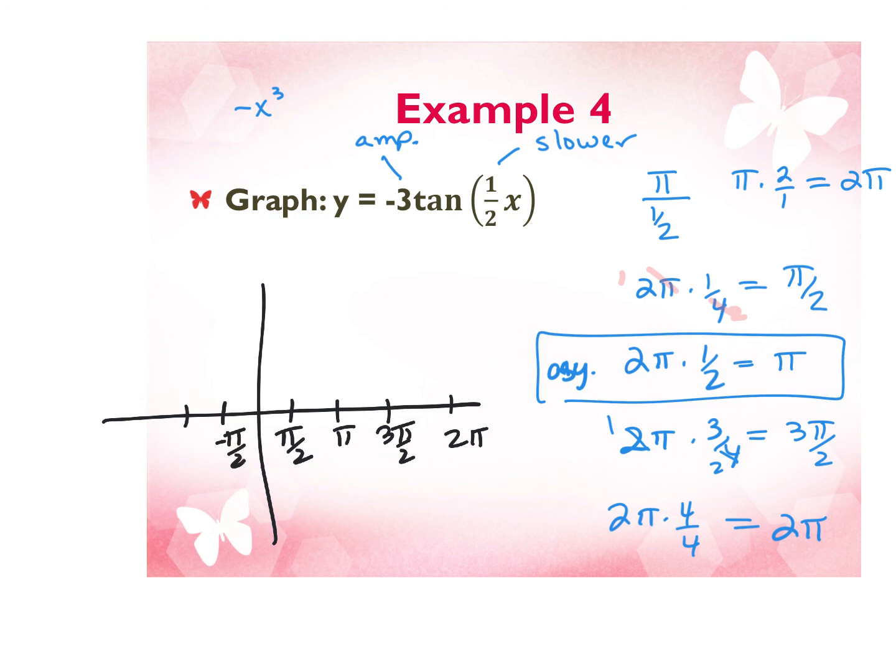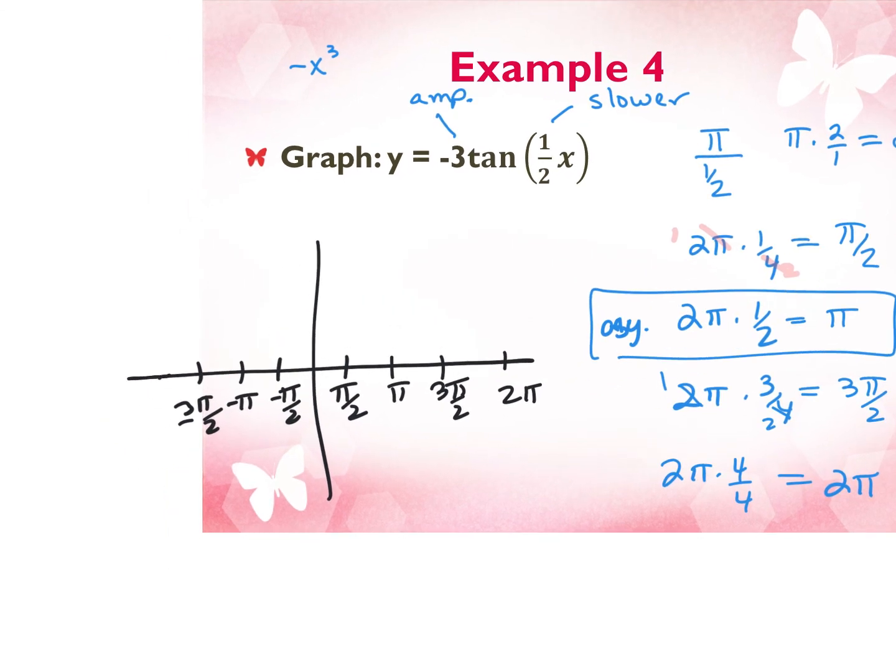Negative pi over 2, negative pi, negative 3 pi over 2, and then lastly, negative 2 pi. And it had an amplitude, so it's going to go up to 3, and then negative 3 here. Box it in. It helps.